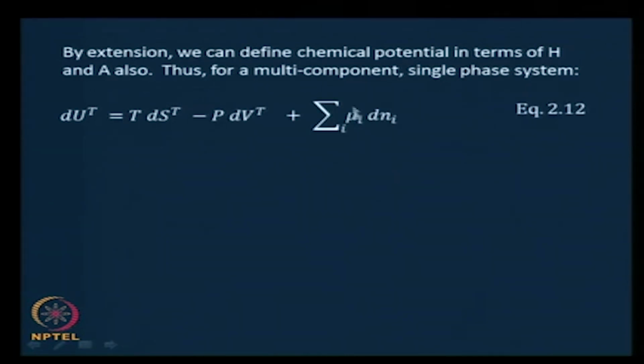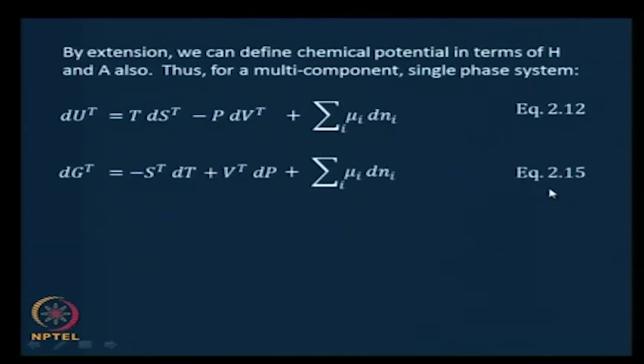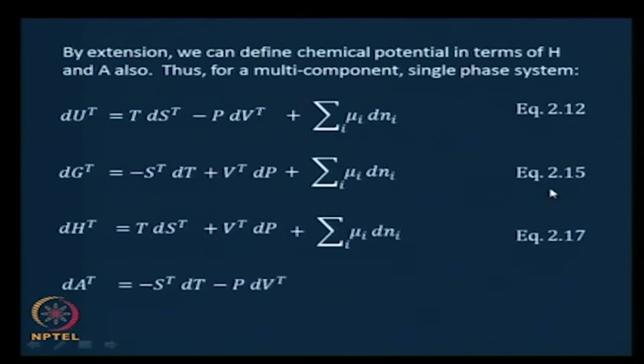Therefore, for a multi component single phase system, we extended the argument to come up with these equations that are valid: dUt equals TdSt minus PdVt plus the sum over all i of mu i dNi, with similar expressions for dGt, dHt and dAt. It is good to have all these things together, so that you can always go back and refer to this, and by repeated use you might remember some of these.